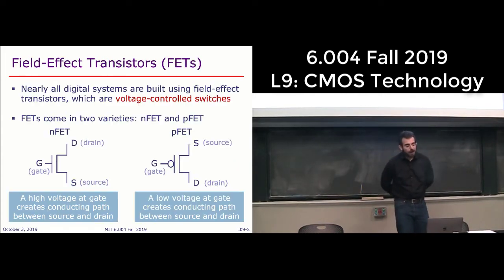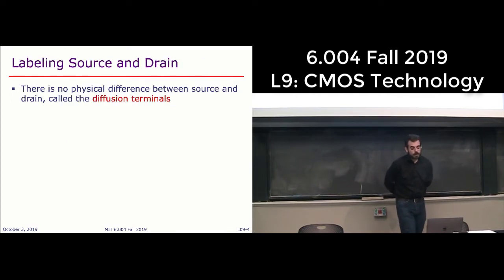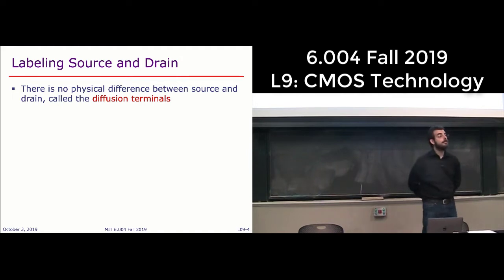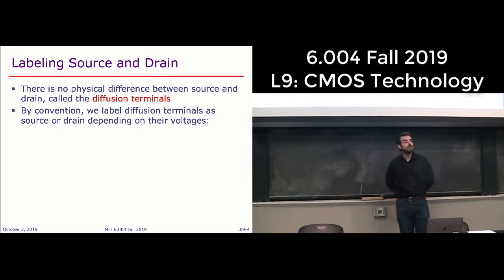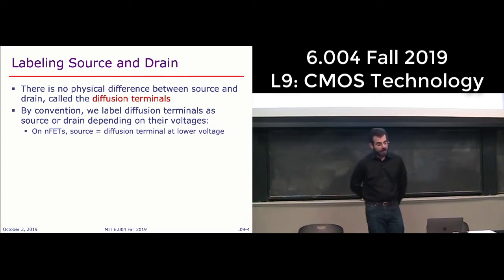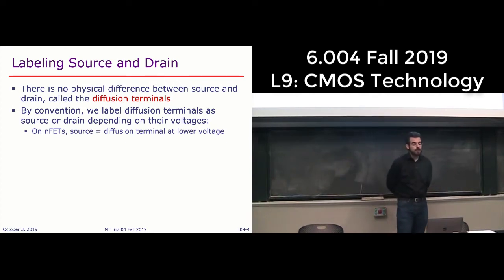So how do I choose the names of source and drain? Well, source and drain are both what we call the diffusion terminals, and the way we choose to name them is just by the voltage they will have in the circuit. So among these 2 terminals, there will be one that has higher voltage than the other. And on an N-FET, we choose the source to be the diffusion terminal that's at the lower voltage.